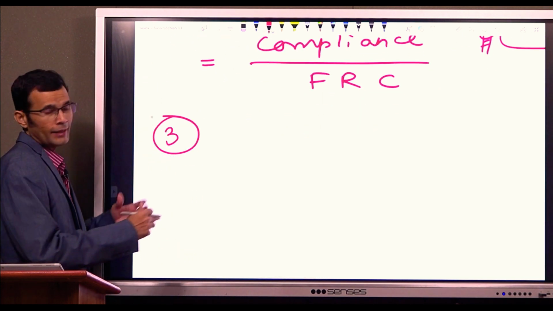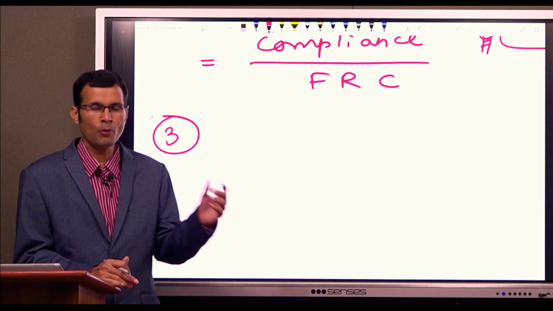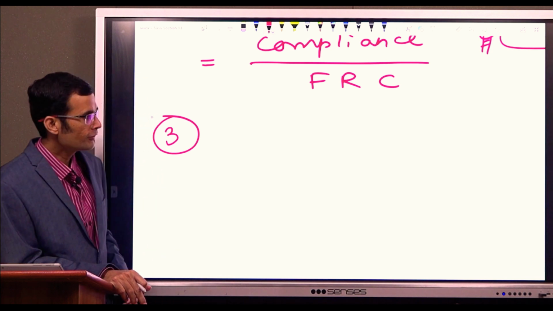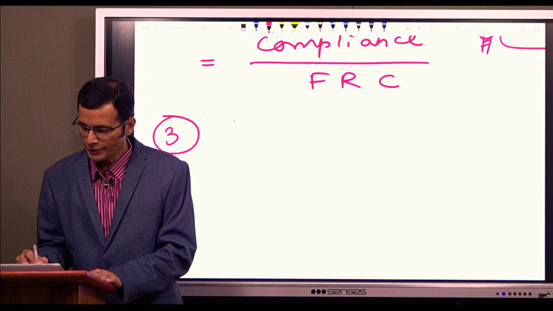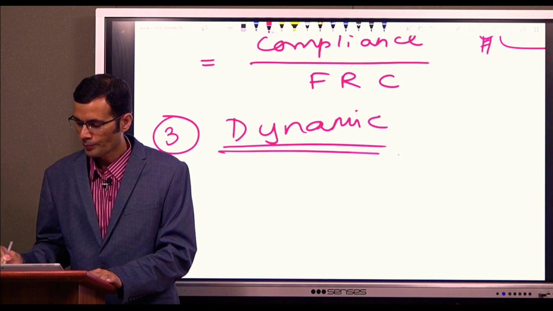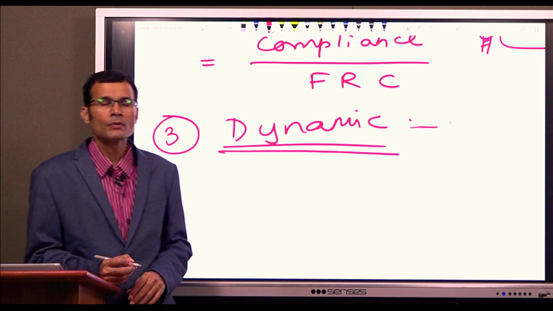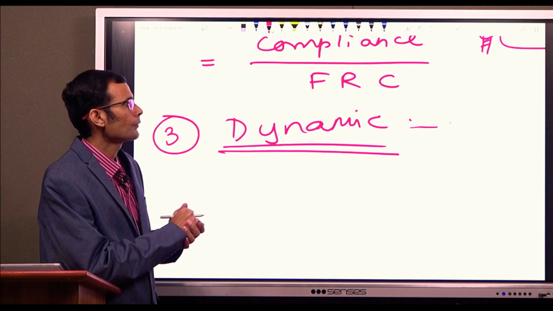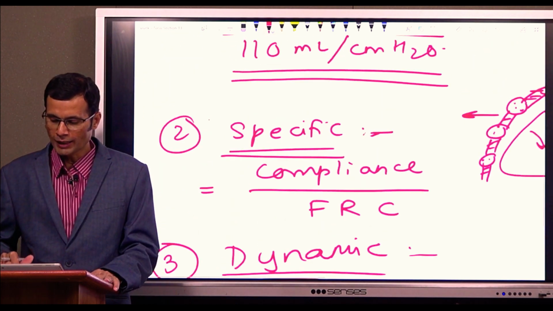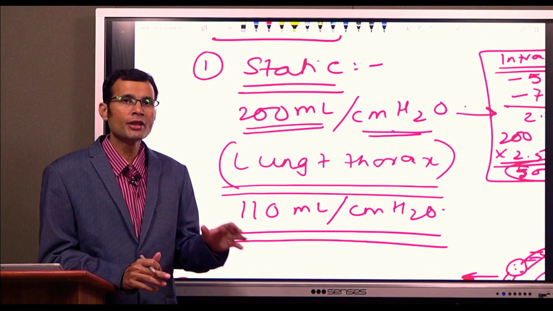Now, next, the third type of compliance, and this is by far the most important part of this discussion, is dynamic compliance of the lung. Look, we said just now that static compliance means the lungs were stationary.